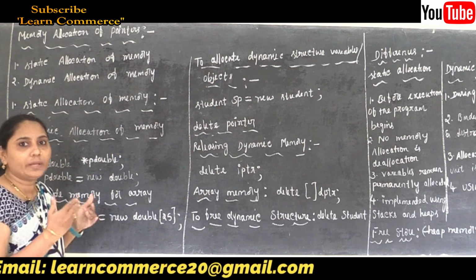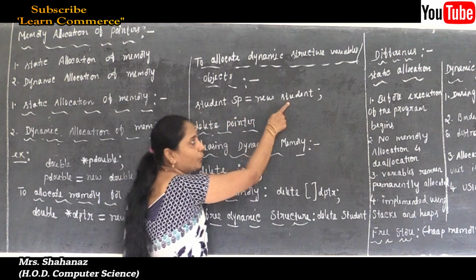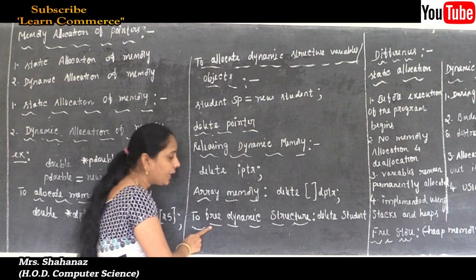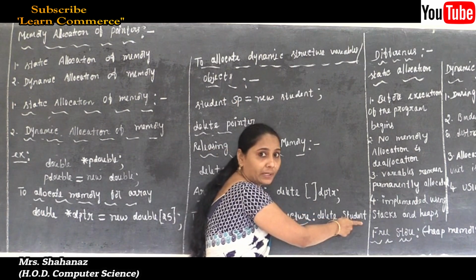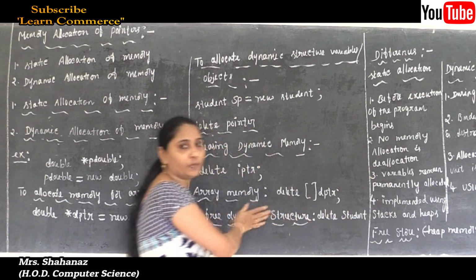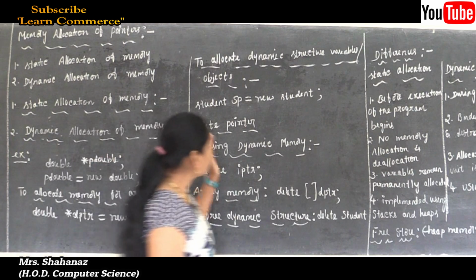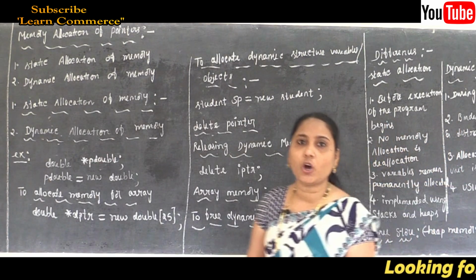So how do we write the example? Student sp is equal to new Student. Now whatever we allocated, such memory is going to be deleted. That means we are going to write delete sp. Clear this point here? So that was just for the allocation and deallocation by using the new and delete operators.